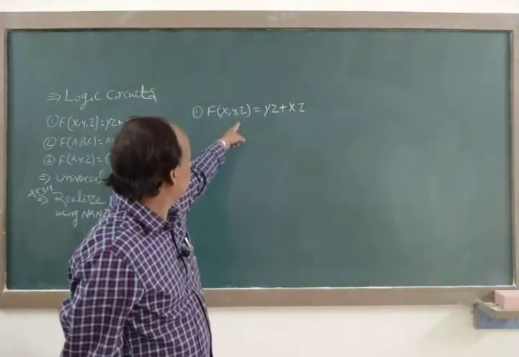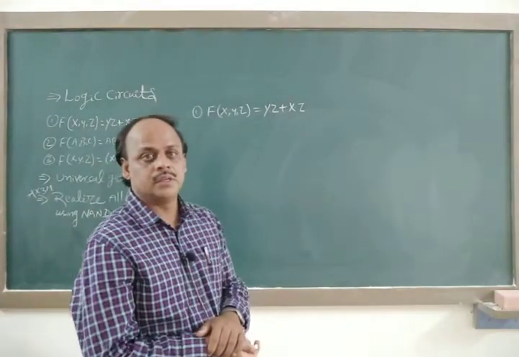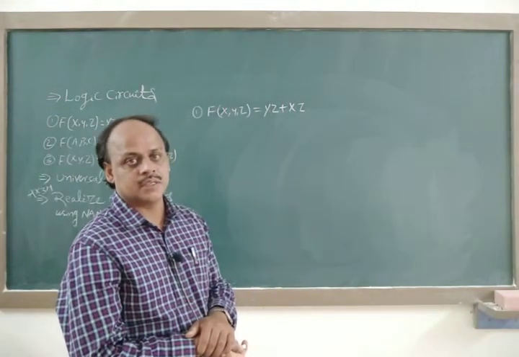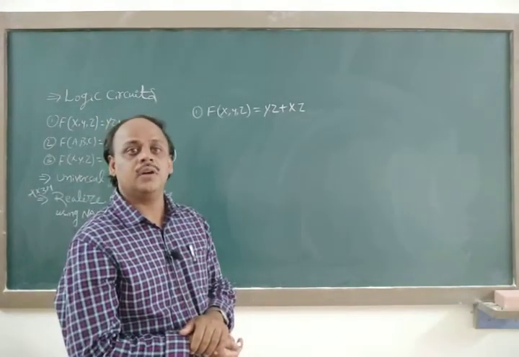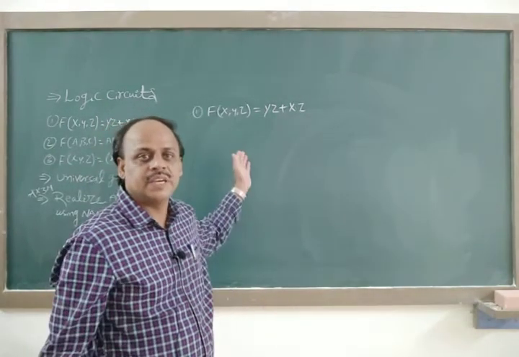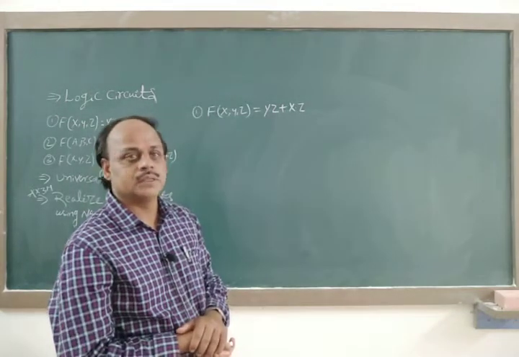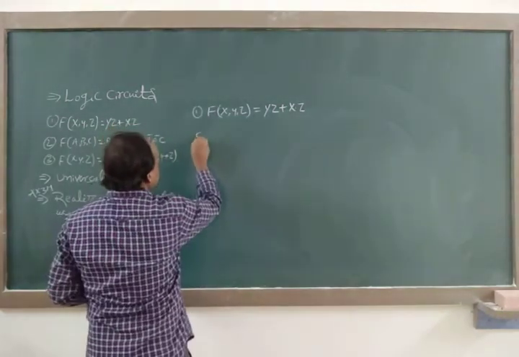So this is the given Boolean function. In the examination they are going to ask, write the logic diagram or circuit diagram for the given Boolean function. Then how is it possible? Solution.